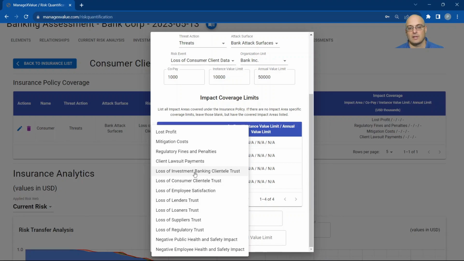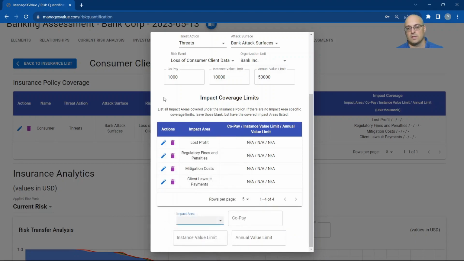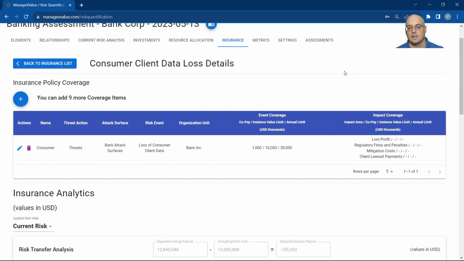This can be something like the loss of customer trust, which is a longer term impact coming through in an uncertain timing and uncertain magnitude of impact, but still relevant for the decision makers, or loss of regulatory trust. Of course, the challenge is that there is hardly any, or if any, insurance provider who will cover these type of costs. They really focus on very specific direct financial impacts that are easy to quantify in case of a risk event. So you need to define what is the impact area that is covered by the specific coverage.